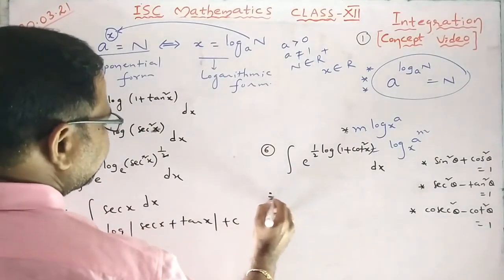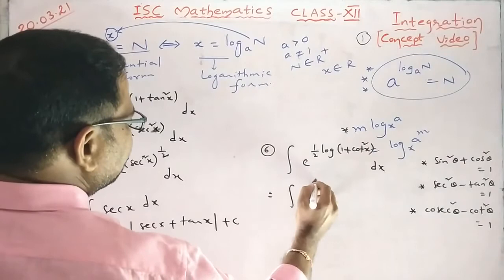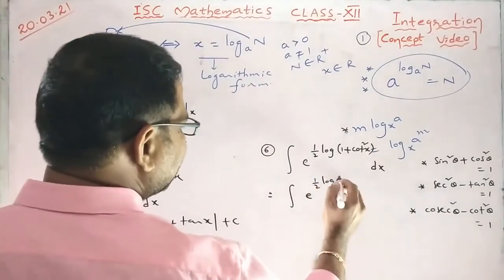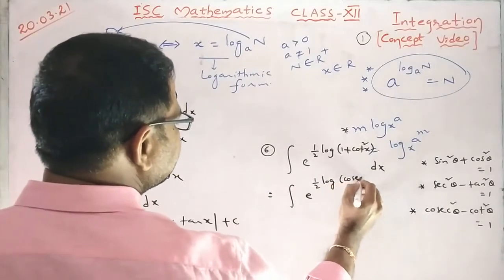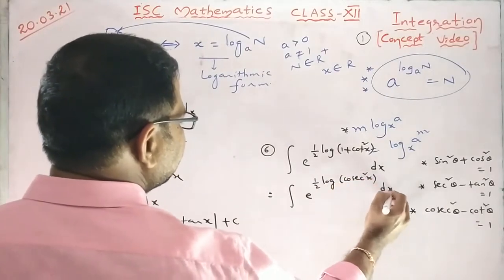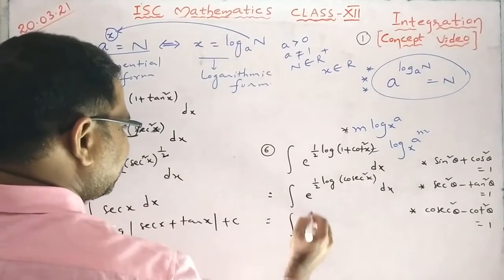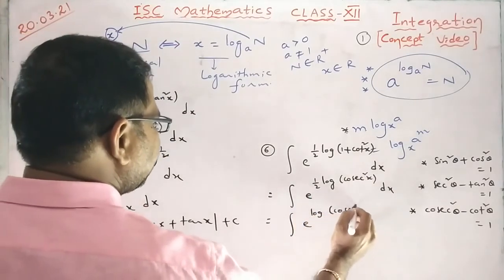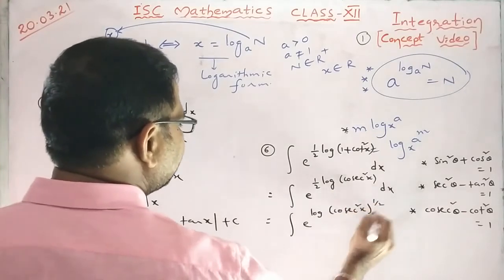Here we will see integral e power 1 by 2 log of 1 plus cot square x, which means I can write cosec square x. Right? So e power 1 by 2 can be taken into the power: cosec square x power 1 by 2.